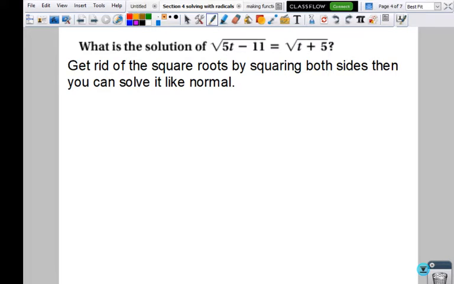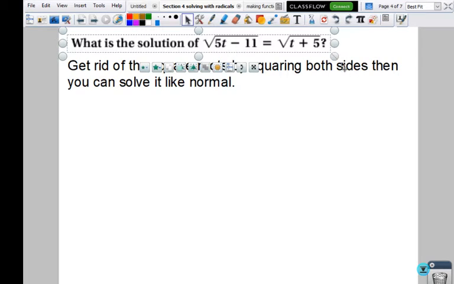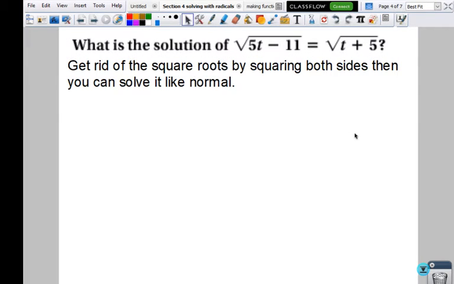Alright, so this next one you guys haven't really seen before, but it won't be super tough. We're going to find the solution of the square root of 5t minus 11 equals the square root of t plus 5. Let me write this a little bigger first.